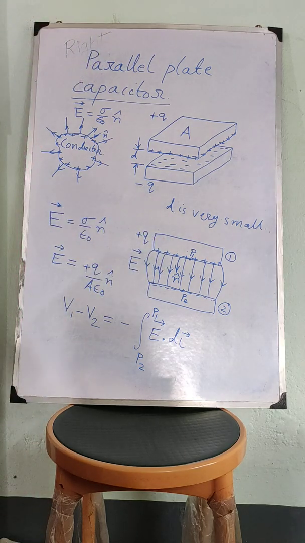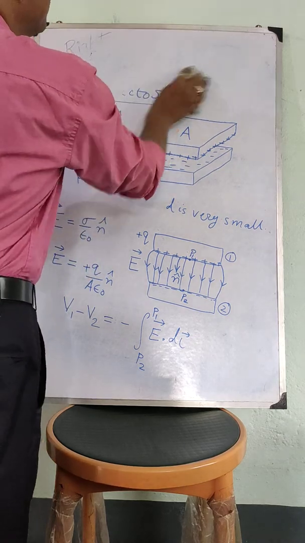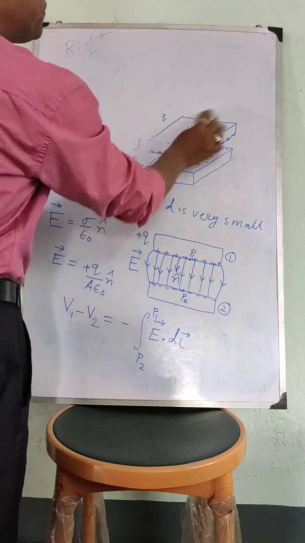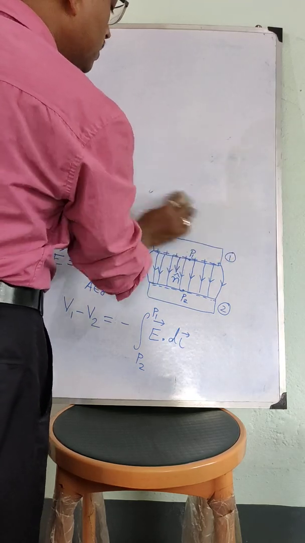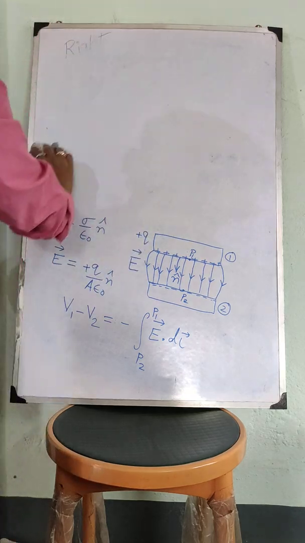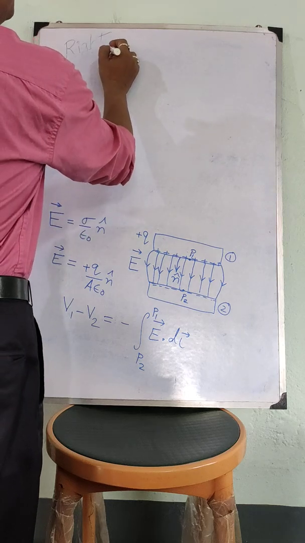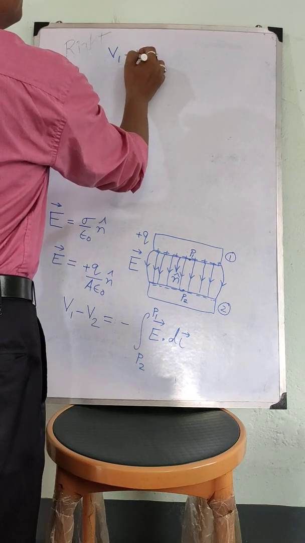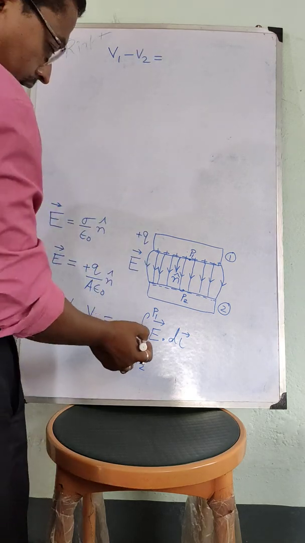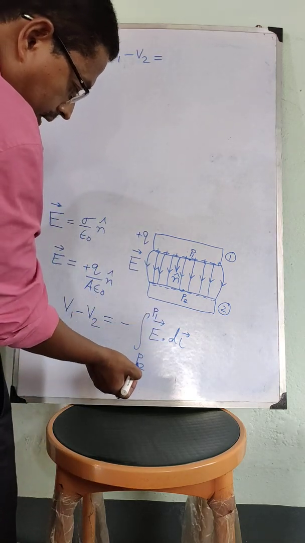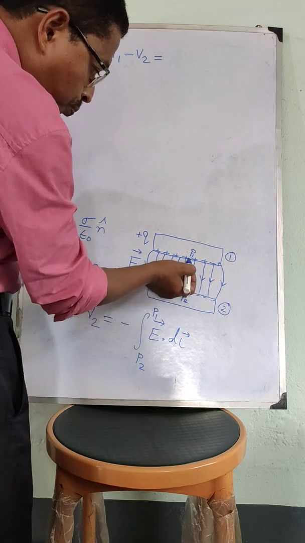Okay. Now let us calculate this. So V1 minus V2 is equal to, now see, I am doing the integration from P2 to P1.